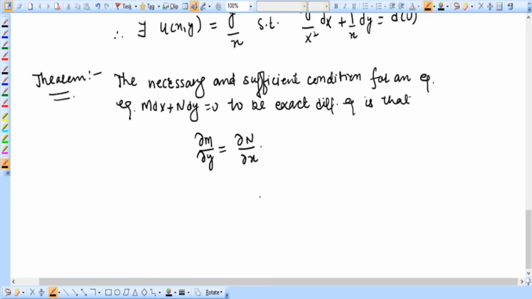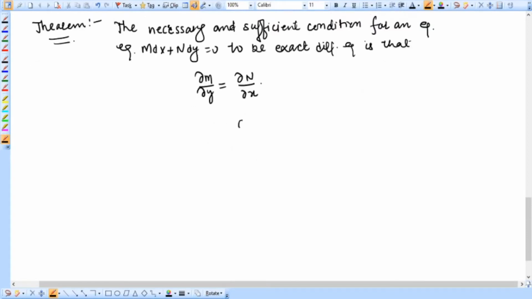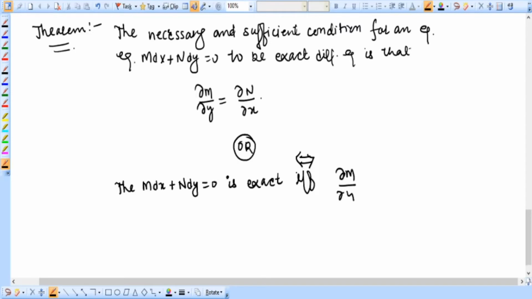Or alternatively, this statement can be written as: the equation M dx plus N dy equal to 0 is exact if and only if the partial of M with respect to y is equal to the partial of N with respect to x, right?